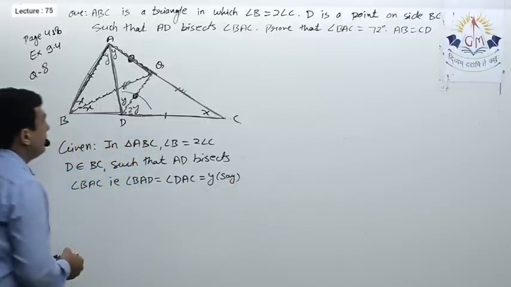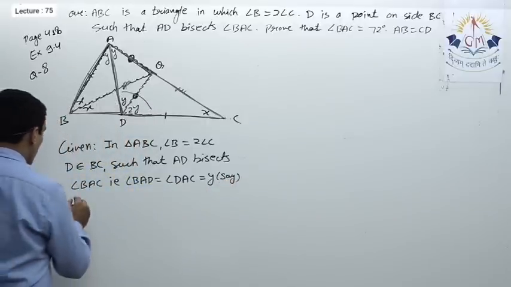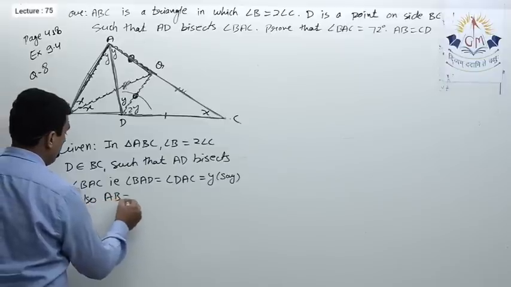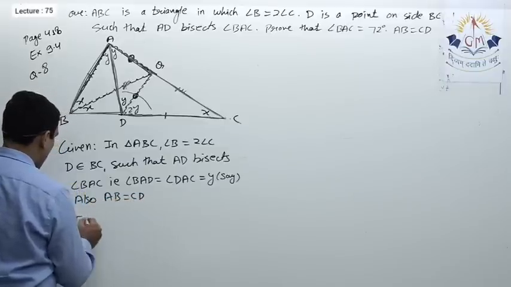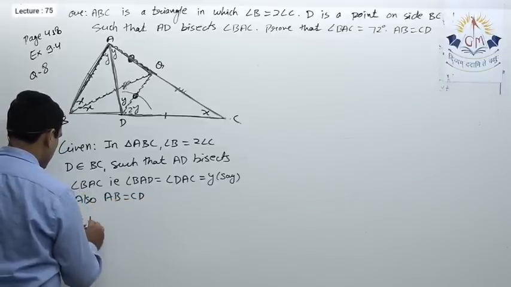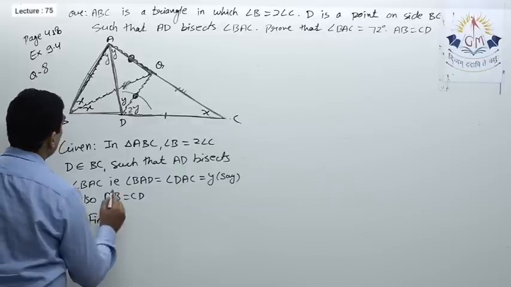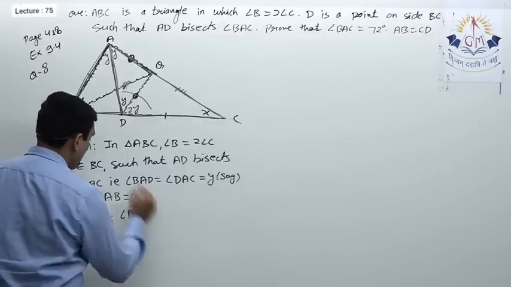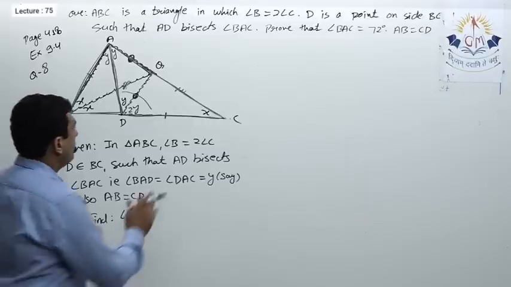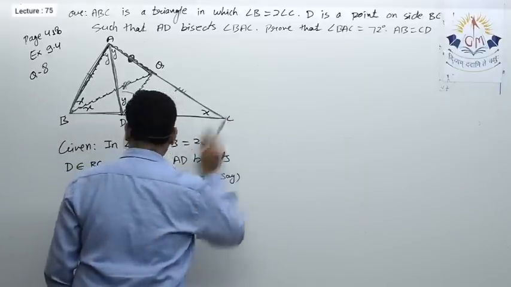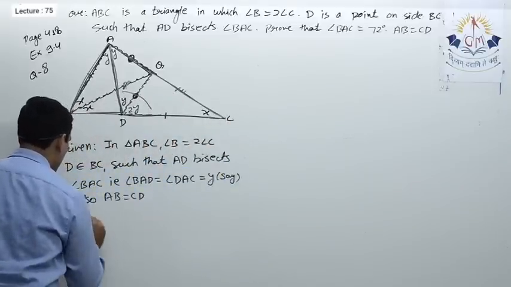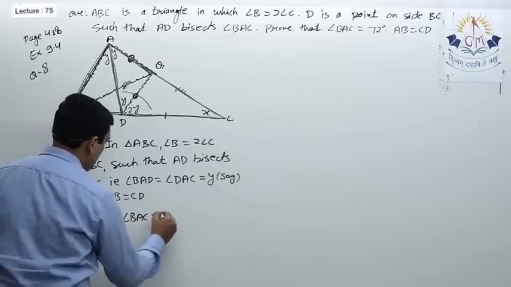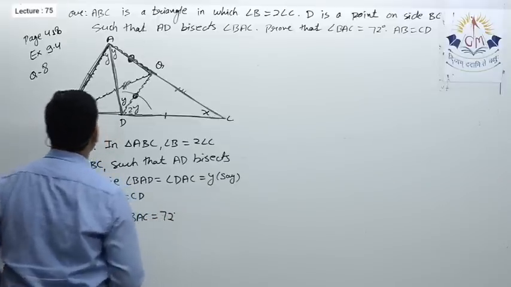We assume this angle is y. Also it is given AB is equal to CD. Now what we have to find is the measure of angle BAC, that is 72 degrees, that we have to prove actually. So let us try to prove it: to prove angle BAC is equal to 72 degrees.